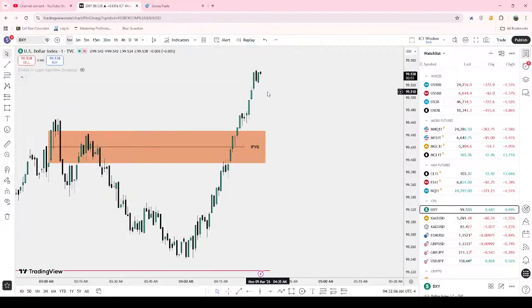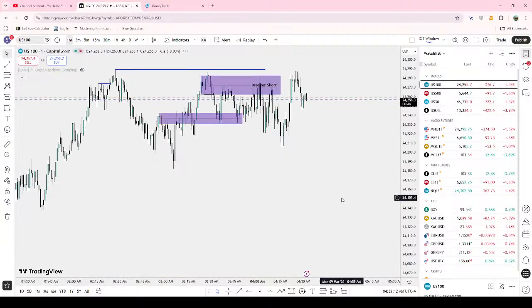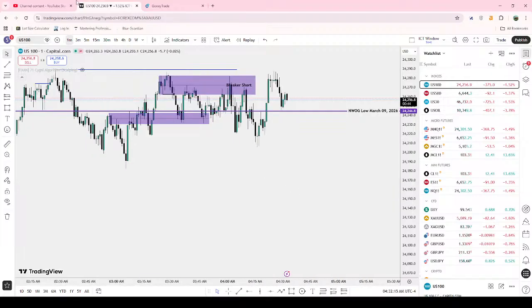The DXY is going up very hard, so the NAS 100 is under consolidation.